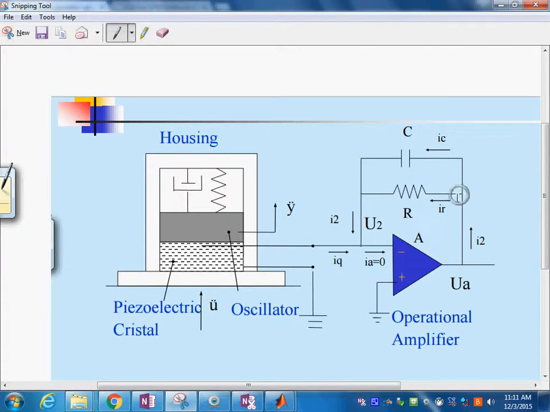What I'm trying to say is, the input is going to be a function like this, and the output on this side also is a function.